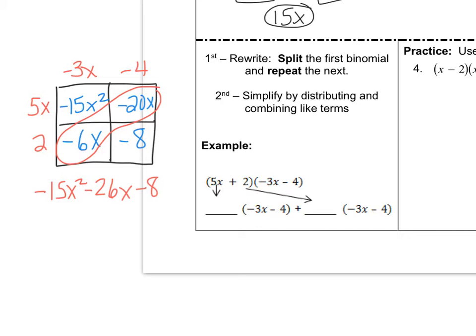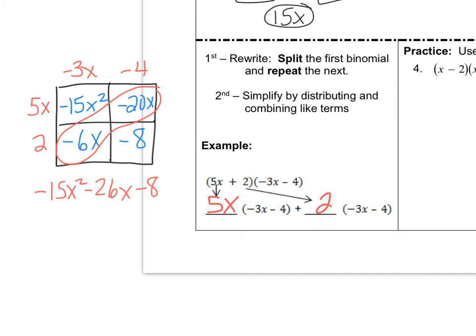We're going to split that first binomial. We're going to put our 5x times the second binomial, and then our positive 2 times the second binomial. So if you'll notice, this right here, that's the second story of my area model, and this right here is the first story of my area model.